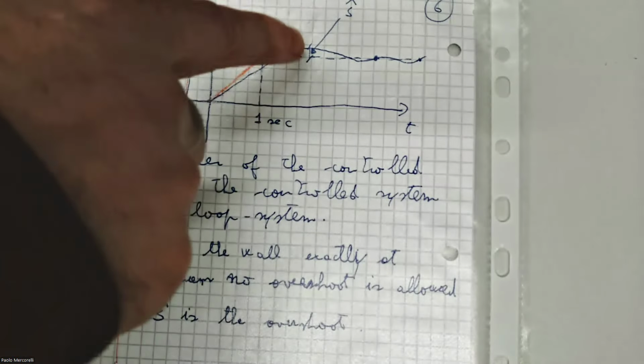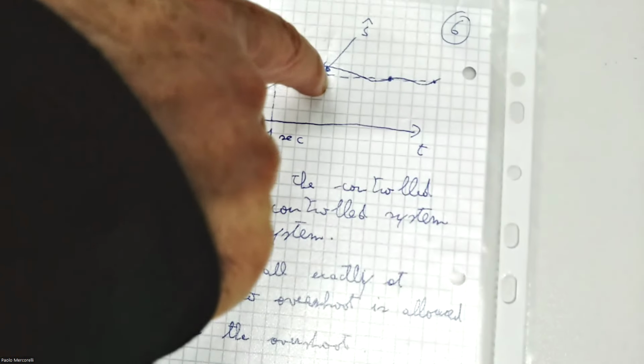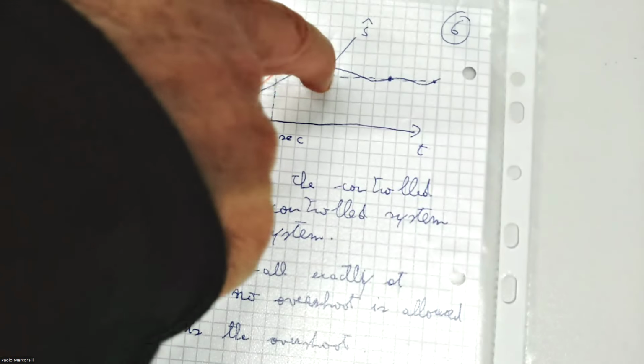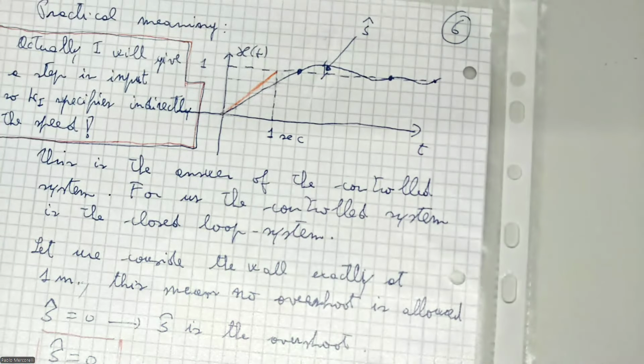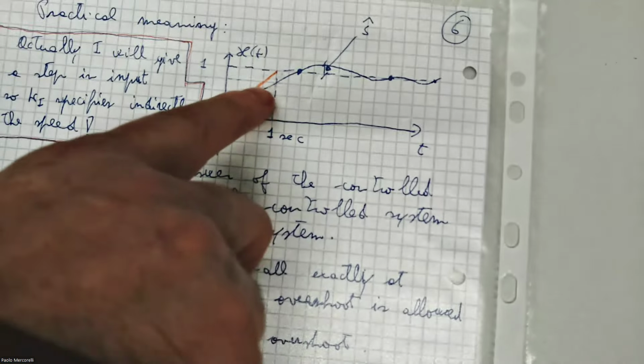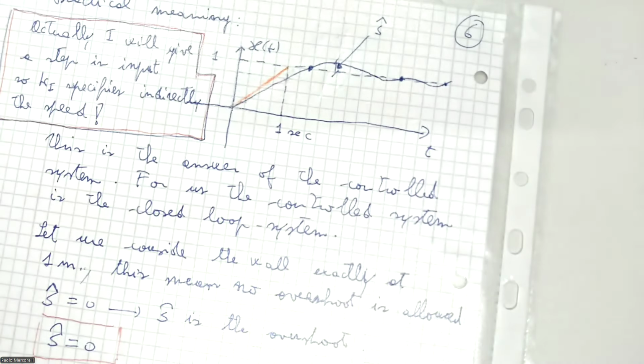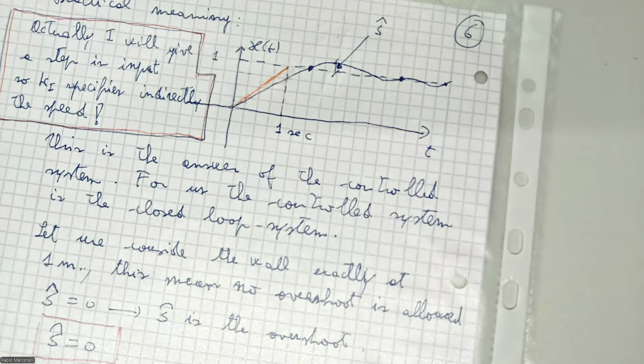And to guarantee this limit related to the overshoot, one possible approach is to introduce a correction using another part of the controller, which corrects, of course, by reducing the velocity.